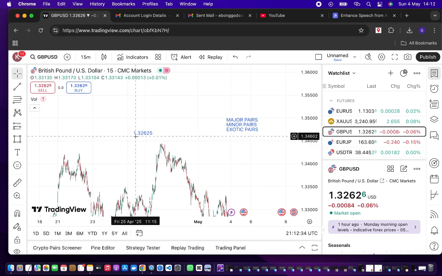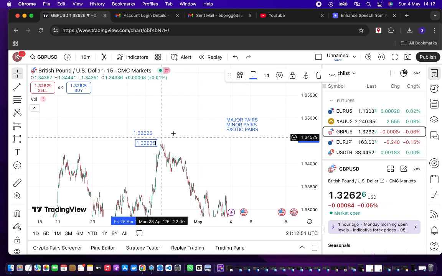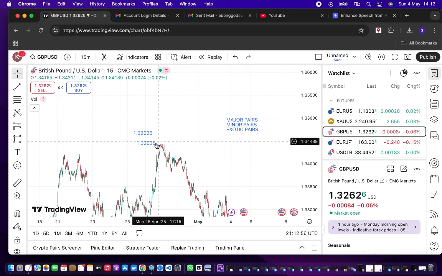If we add 1 to the fourth number after the decimal point, which is 2, our new market value for GBP/USD is going to be 1.32635. As you can see, that's an increase in the market value of GBP/USD. That's a 1 pip increase. Why is that a 1 pip increase? Because we added 1 to the fourth number after the decimal point.